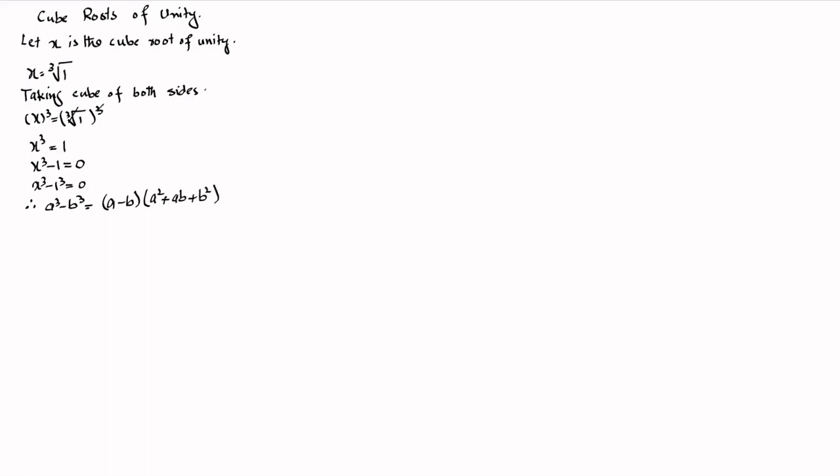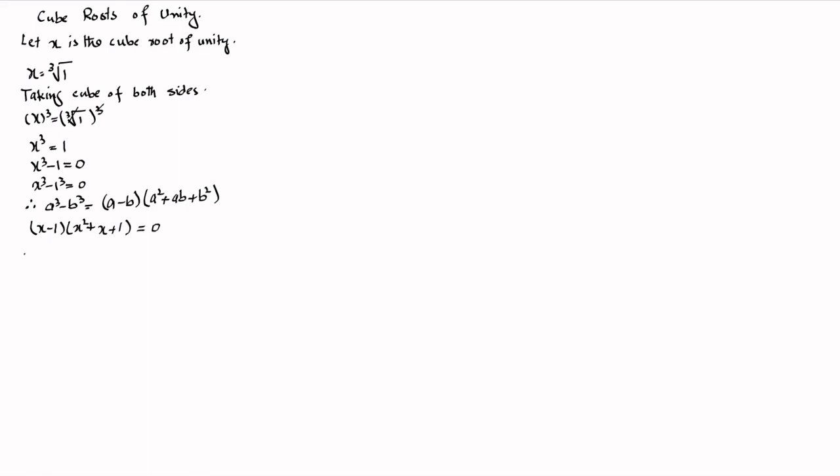We will expand the left hand side of the equation. So we have x minus 1 into x square plus x into 1, which is x, plus b square, which is 1 square, which is 1, is equal to 0.